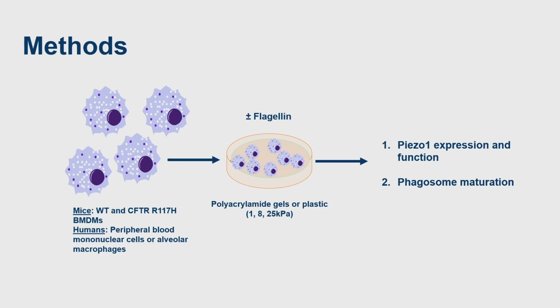We plated them on polyacrylamide gels of pathophysiologic range lung stiffness, 1 kPa being healthy lung, 8 kPa to 25 kPa representing a stiffened or injured lung, and we treated them with and without Pseudomonas aeruginosa flagellin. And we measured piezo-1 expression, as well as calcium channel function in response to the piezo-1 specific agonist YOTA-1, as well as phagosome maturation using pH roto bioparticles.